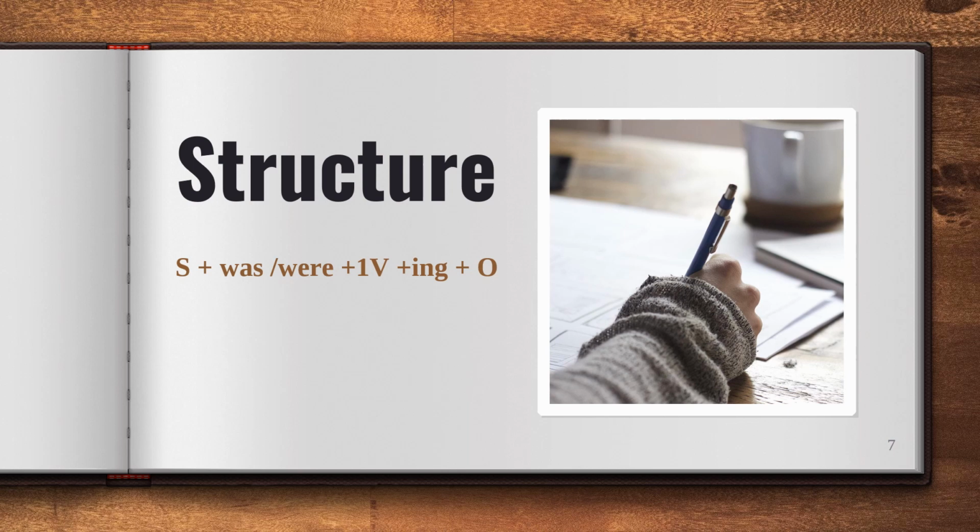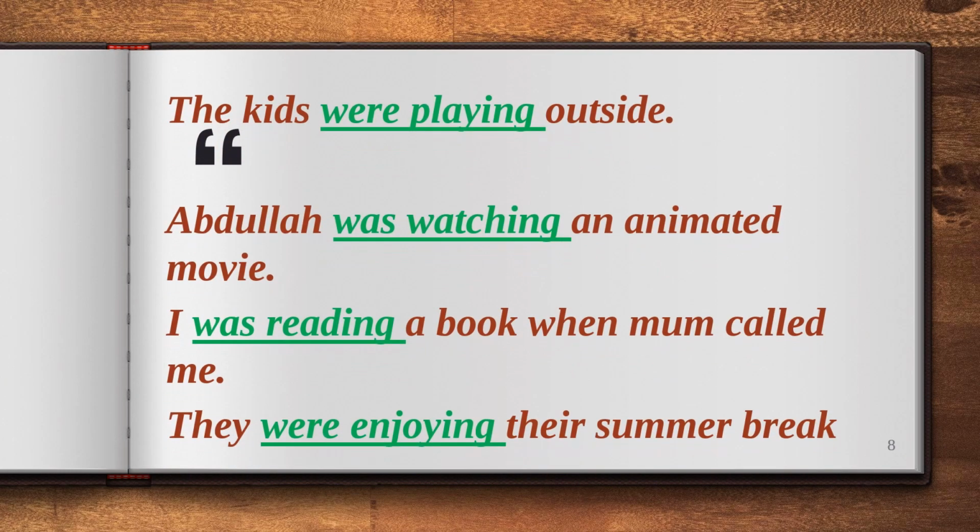Then there is the use of the first form of the verb, or we call it root verb or base verb, plus ing. Ing shows that the action was continued, plus object. For example, the kids were playing outside.